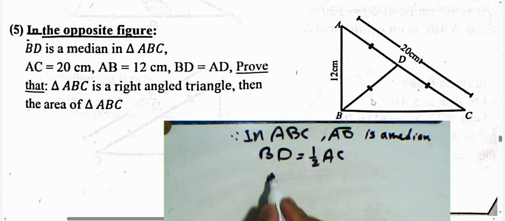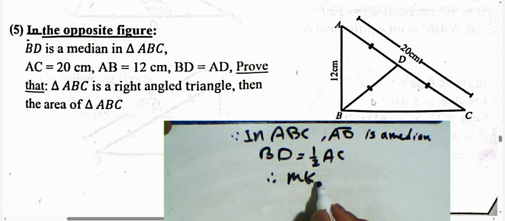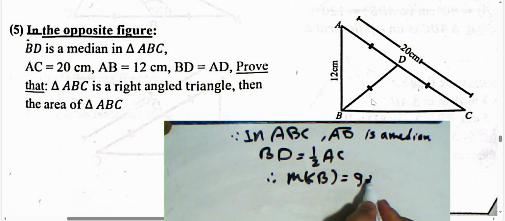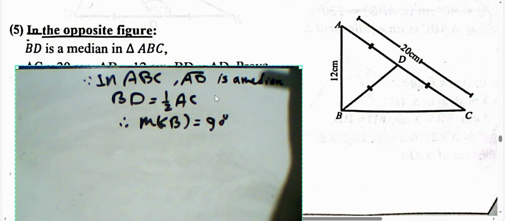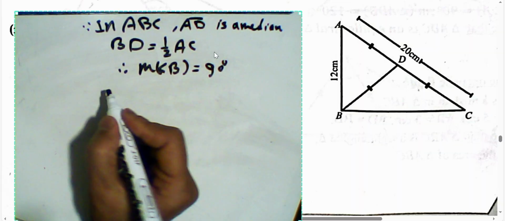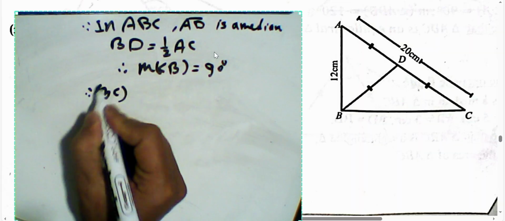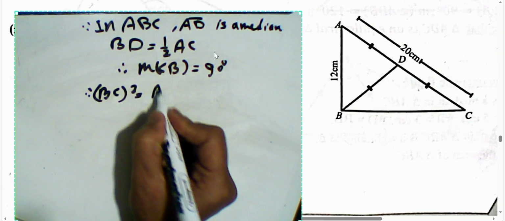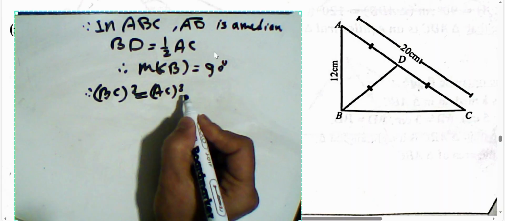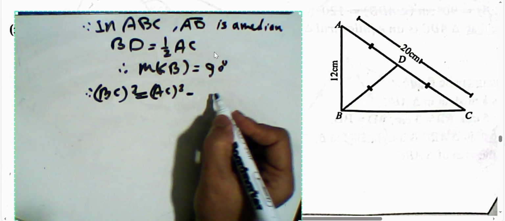Then the measure of angle B will be 90 degrees. Now we can find the length of BC from the Pythagoras theorem. Then BC power 2 equals AC power 2 subtract AB power 2.